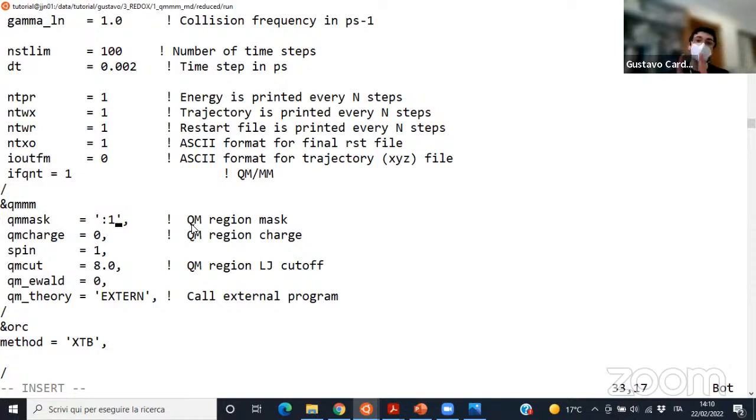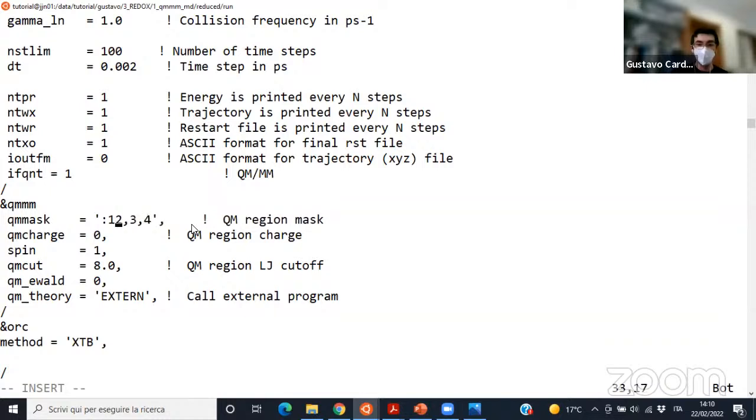The important thing is that you have to know the labels of those molecules. So if you don't know the labels of the closest molecules to your solute, then you cannot do that. If you do, then yes, of course. For example, if we want the water molecules labeled number 2, number 3, number 4, then you put it like 2, 3, 4.